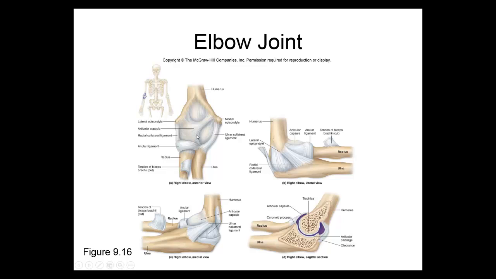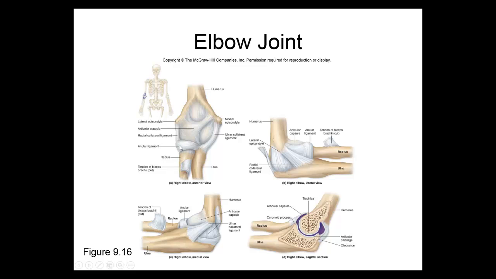That can form what we call nursemaid elbow. And to fix it, they perform a surgery which is called Tommy John surgery, which is named after a pitcher who had repeated injury of his elbow, and where the head of the radius will slip off the annular ligament.